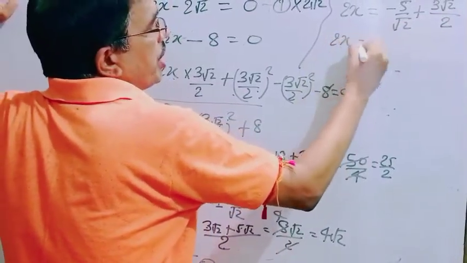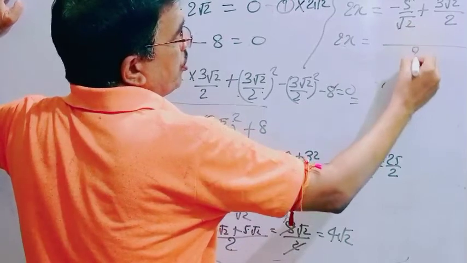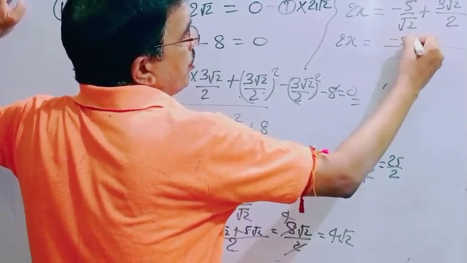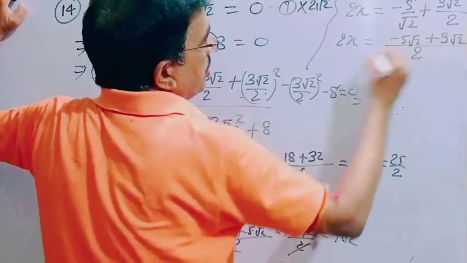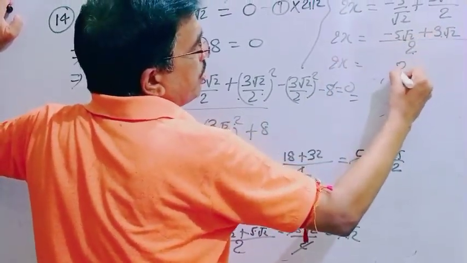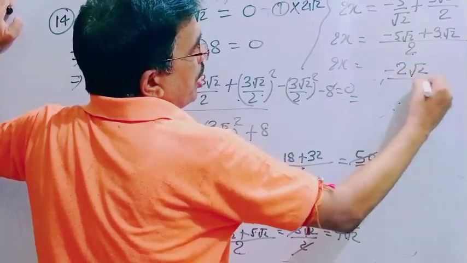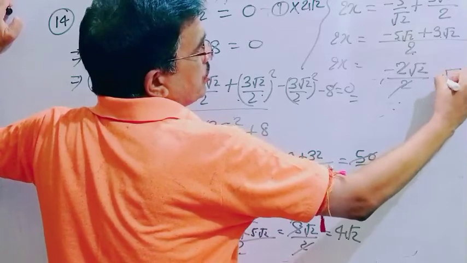Then here is 2x, LCM is 2, root 2 divided by, this is 5 root 2 and this is 3 root 2. Then 2x is equal to minus 5 root 2 plus 3 root 2, that is minus 2 root 2 and by 2. Cancel, that is minus root 2.